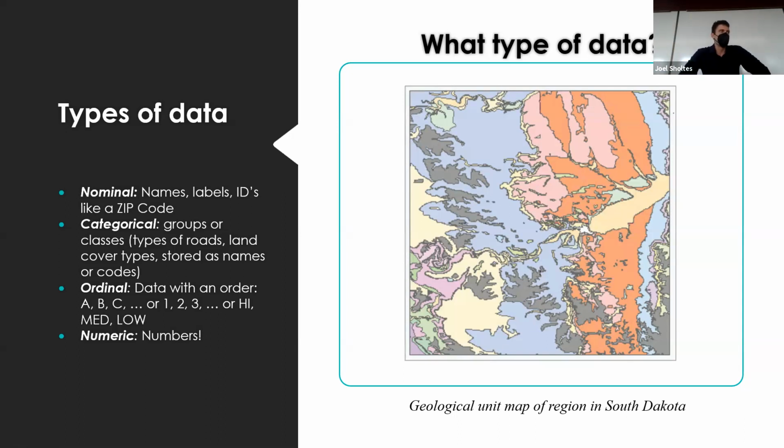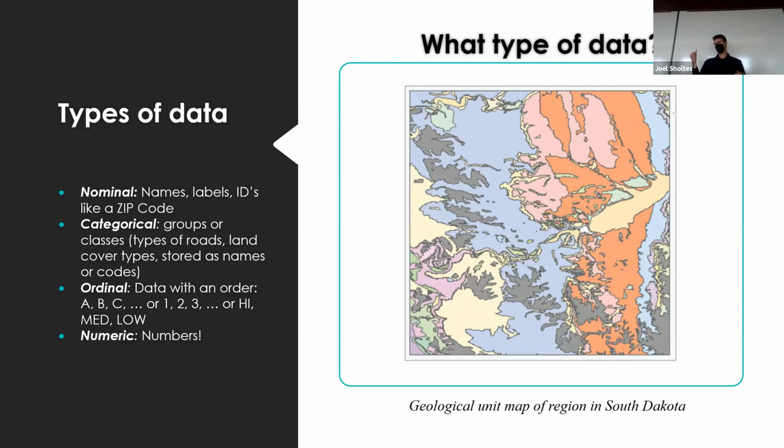Let's talk a little bit more about types of data. We have nominal, and that just means name, right? So names, labels, IDs. We have categorical data. And you can think of categorical data as, certainly there's going to be a name associated with it. The example here is types of roads.